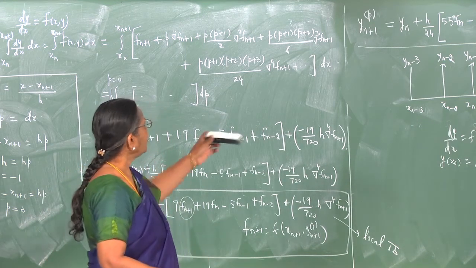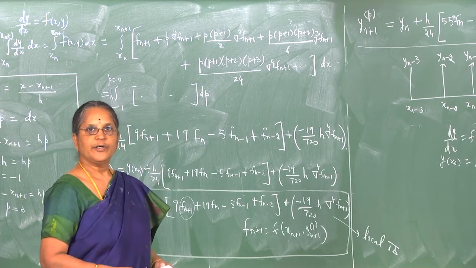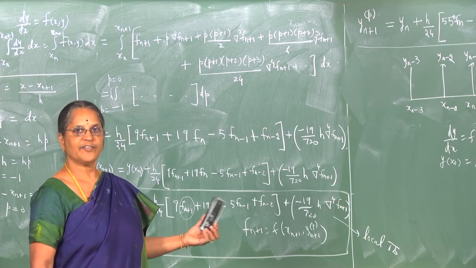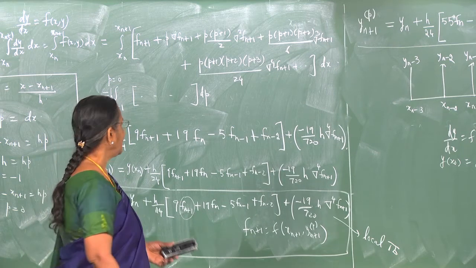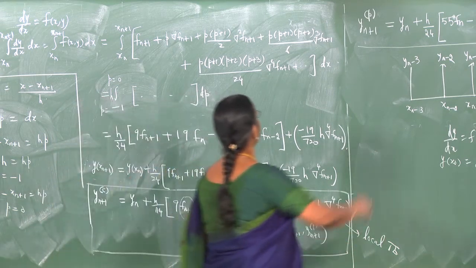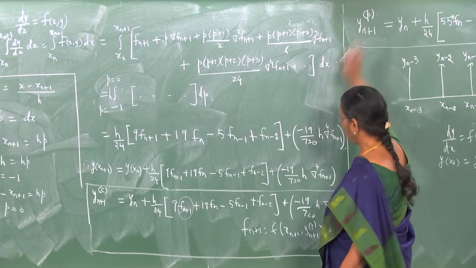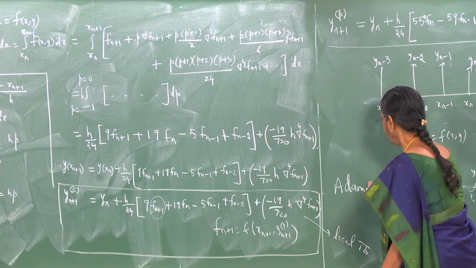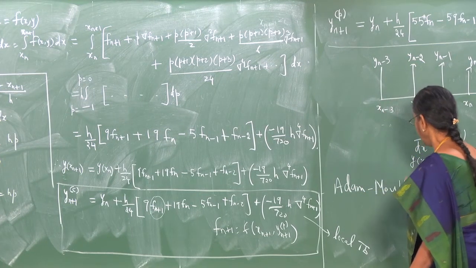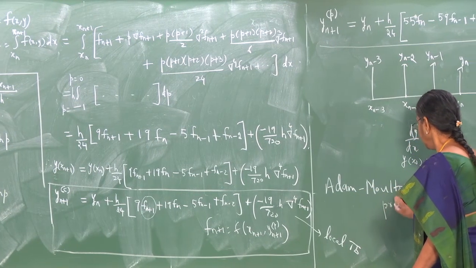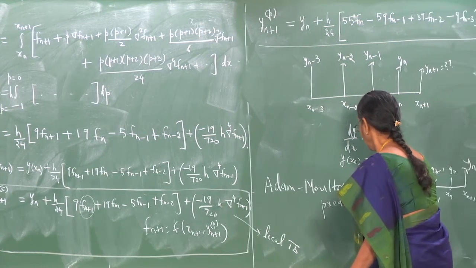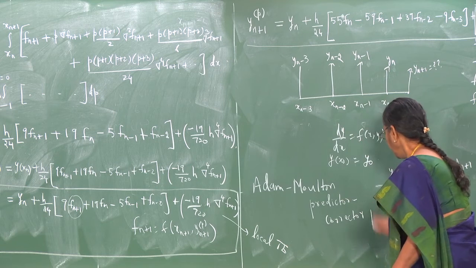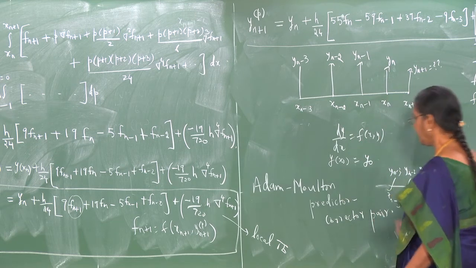I am sure you have been able to understand the details in the derivation of this predictor-corrector method. This pair, the predictor and the corrector together, is known as the Adams-Moulton predictor-corrector method, or it is also called a predictor-corrector pair.